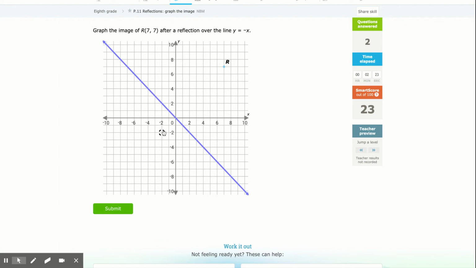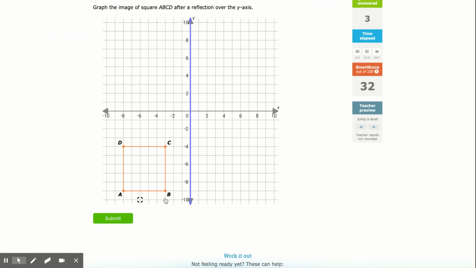So I'm going to go 1, 2, 3, 4, 5, 6, 7. And again, I need to make sure that if I was to draw a line in between R and the point I put on there, it's a line that's perpendicular to this, and the orange point, or my new point, is an equal distance away as R was.